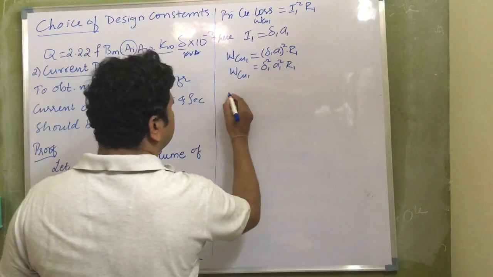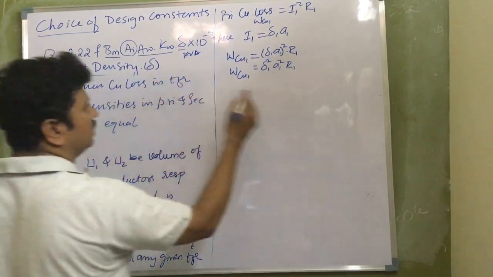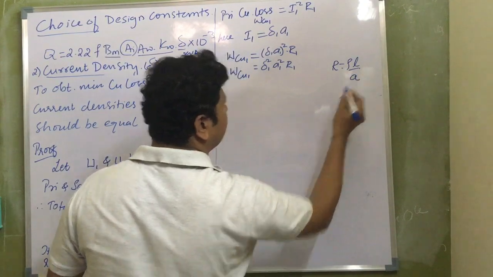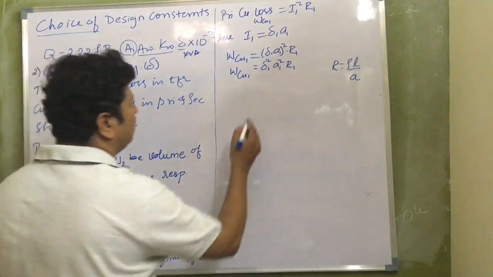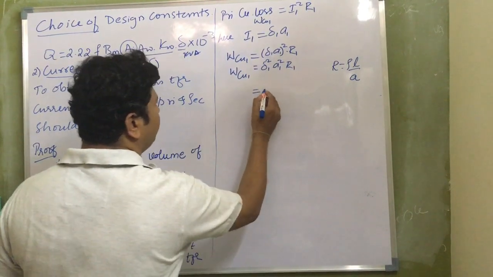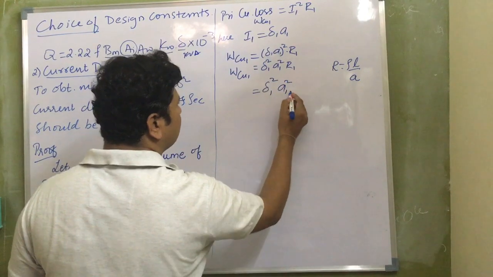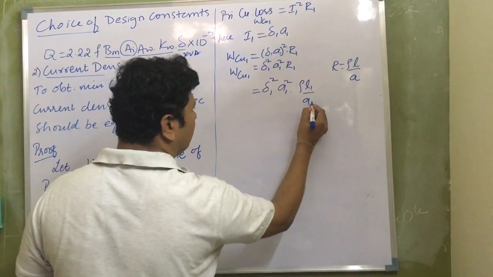Now what is R1? We have R equals rho L by A. So this I will write equal to delta 1 square into A1 square into, in place of R1, I will write rho L1 by A1.